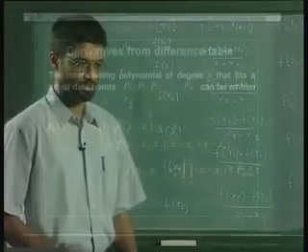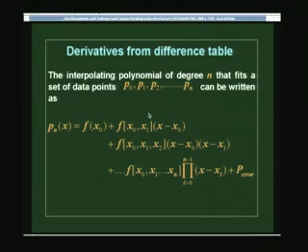And also notice the way we construct the polynomial here, okay, is we just write down this as first order term, second order term, and similarly up to nth order term, okay, for an nth order polynomial. Okay. But we need not write it like this. We know that we can write it in a nested form, that is starting from the nth order term. We could write it in a nested form. We have seen that earlier.